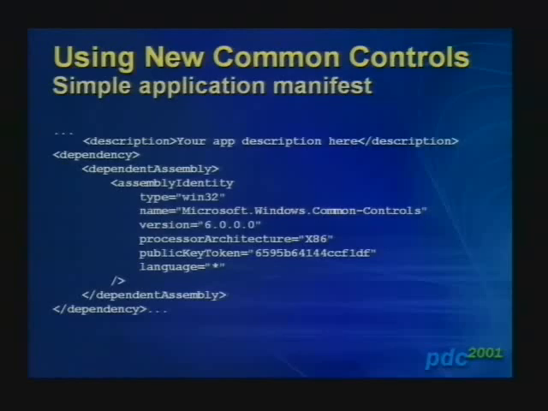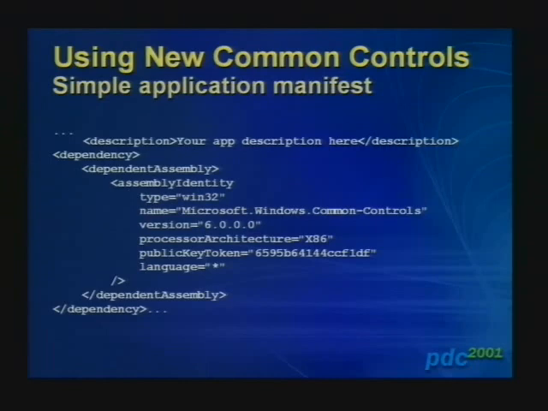So this is what an application manifest looks like. It describes your application, but more importantly, it describes what your application is dependent on, what DLLs your application is dependent on. And in this case, in order to get the common controls version 6 to work, you have to be dependent on the assembly identity here.